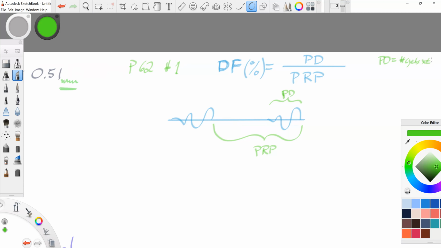Yes, you can. Okay. Number one, if all other factors remain unchanged, what happens to the duty factor, increase, decrease, remain the same, when the pulse repetition frequency increases?